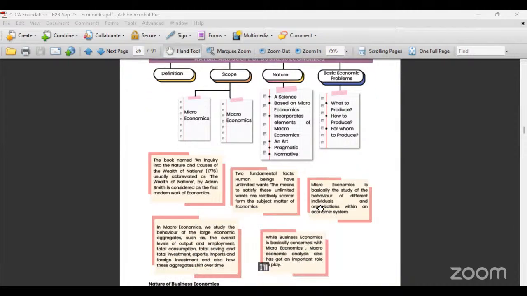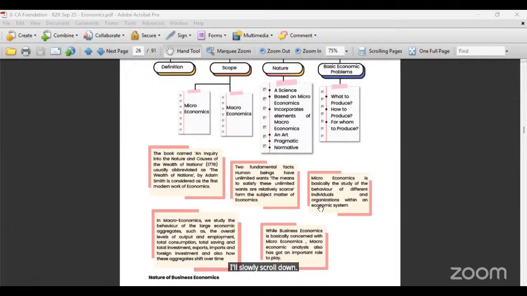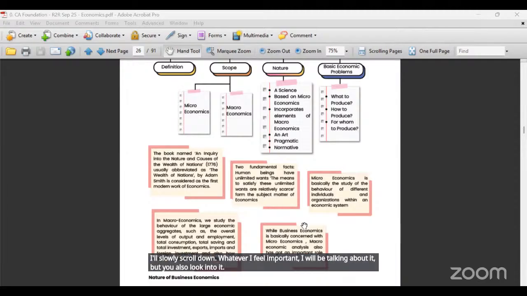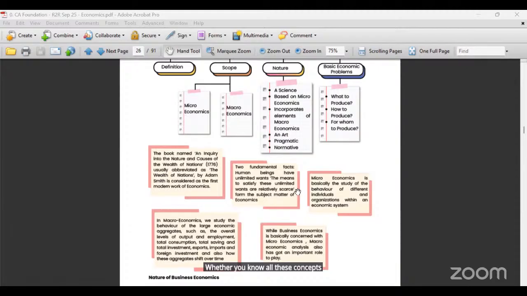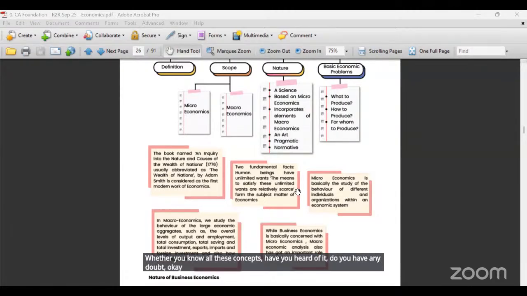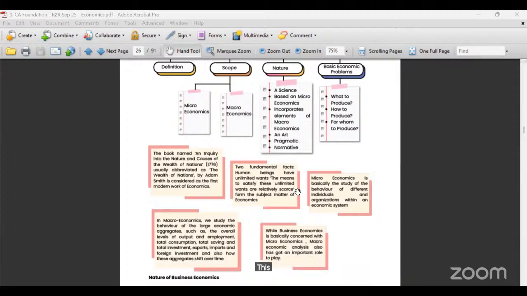I'll slowly scroll down. Whatever I feel is important, I will talk about, but you also look into it, whether you know all these concepts, have you heard of them, do you have any doubt? In this chapter we have discussed in detail.